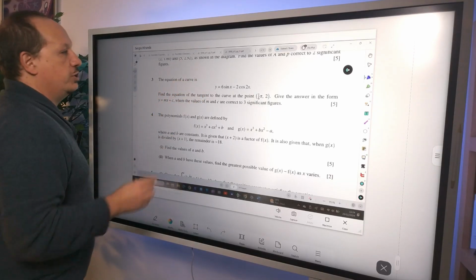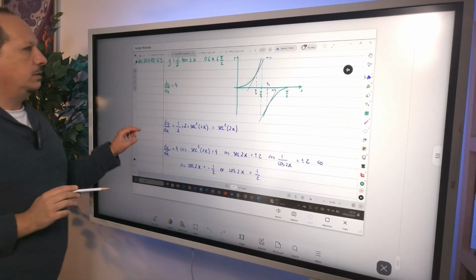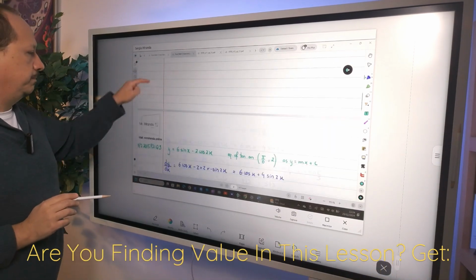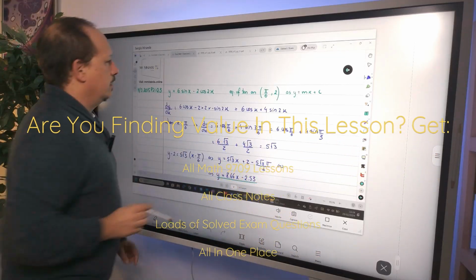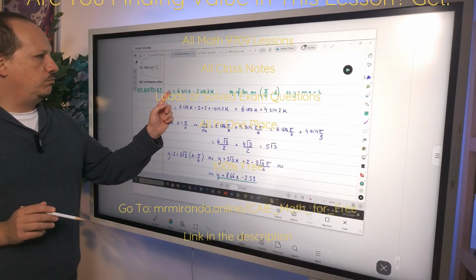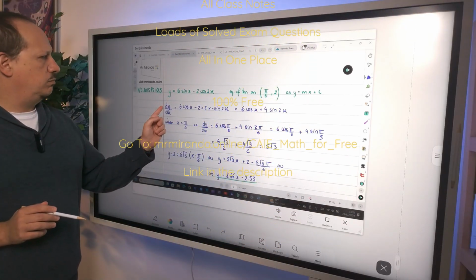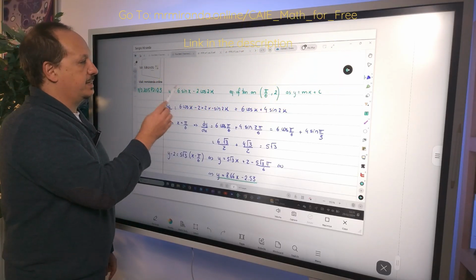So you need to differentiate that. Okay, this is what you need to do. Let's differentiate that. This is basically 6.